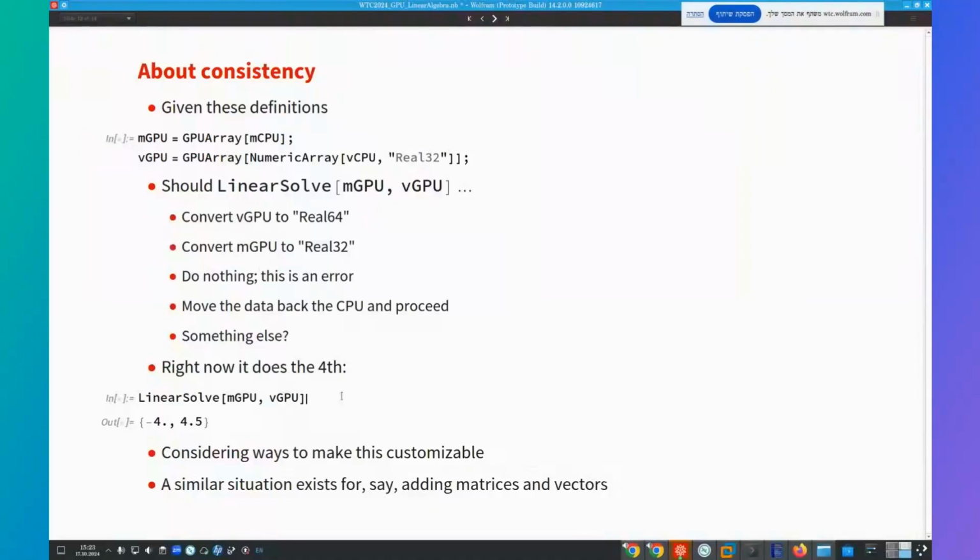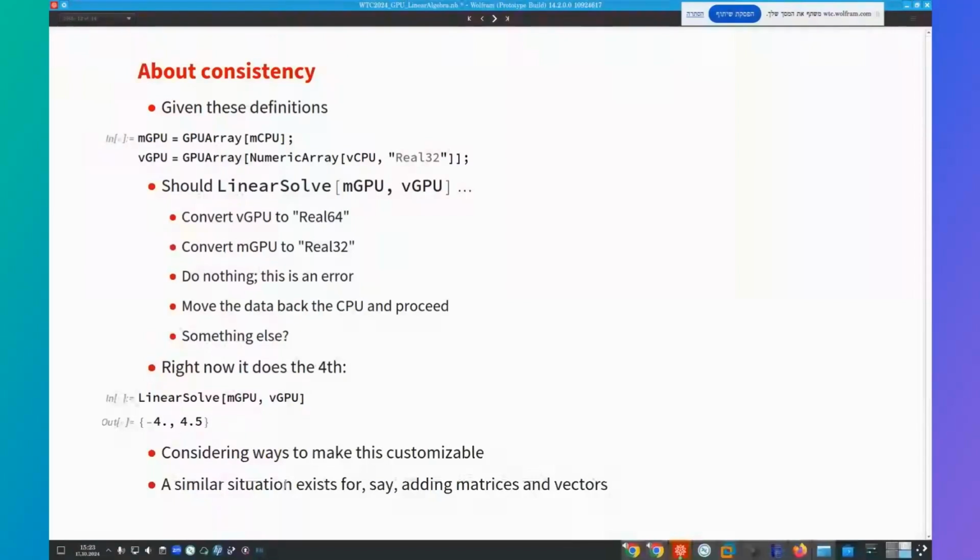A similar thing exists for, say, adding matrices and vectors. In Mathematica, you can add a matrix and a vector and they thread. I think we pretty much all agree that that's what should happen if you do two GPU arrays, but that's not the native behavior of these libraries, and so that just doesn't work.